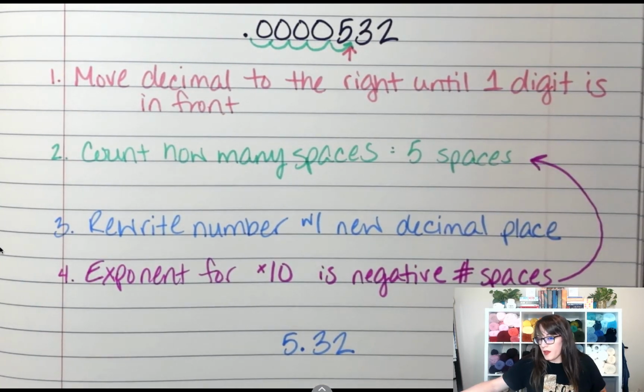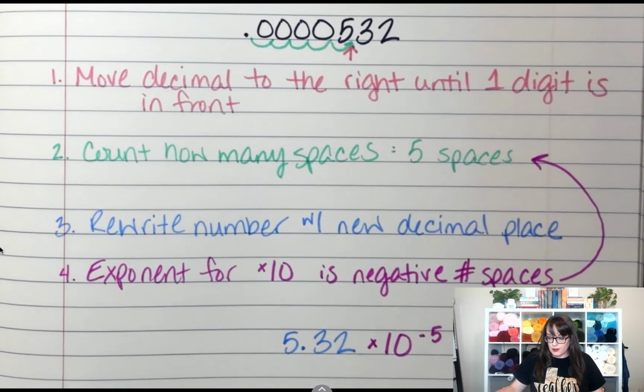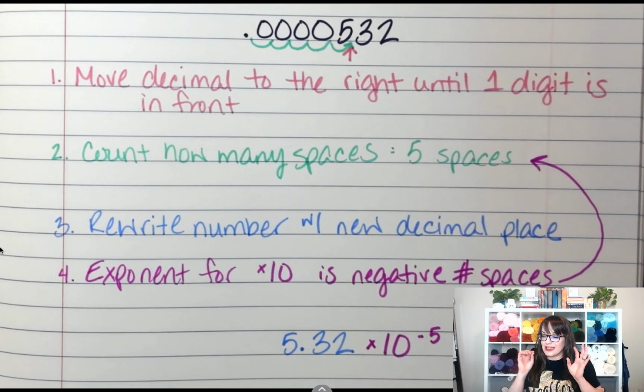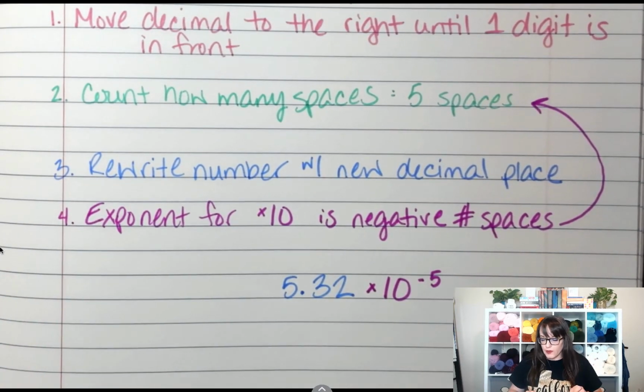So if I moved it 5 spaces, it's going to be times 10 to the negative 5. So if you have a positive exponent, your number is large. If you have a negative exponent, your number is less than 1. That's kind of a rule if you want to write that down to help you remember it.